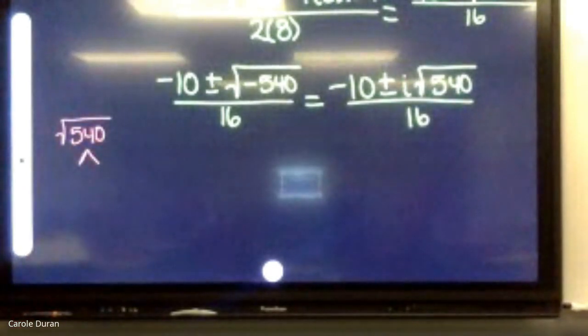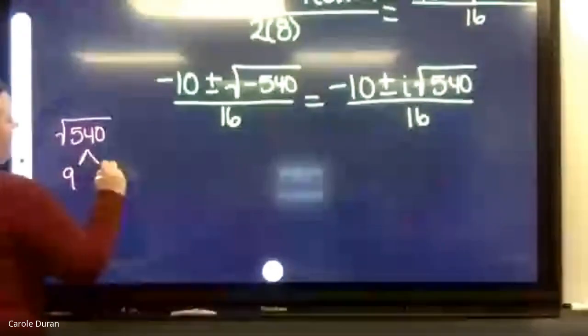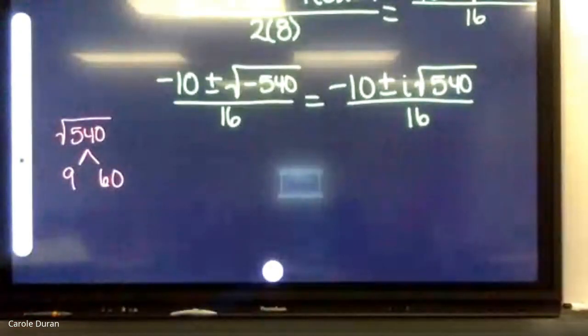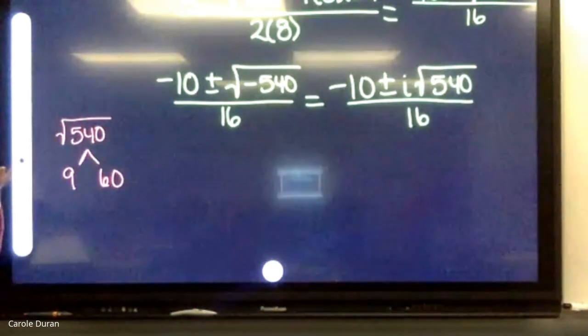What multiplies together to get 540? How about 9 and 60? Okay, so 9 and 60, neither of those are prime.